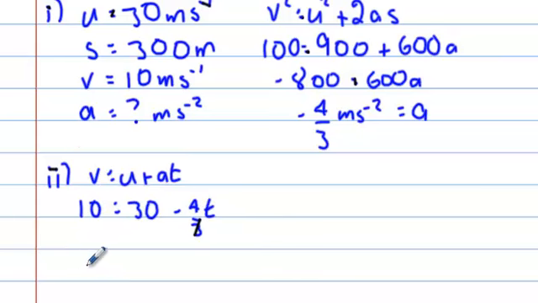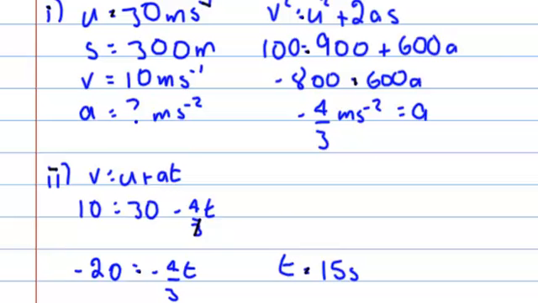Subtract 30 from both sides, we get negative 20 equals negative 4/3 of t. So obviously the negatives cancel. If we multiply it by 3, we get 60. Divide through by 4 is 15. So t equals 15 seconds, and that's that solution done.